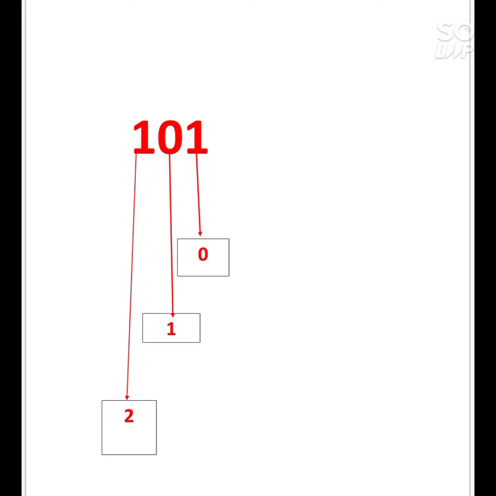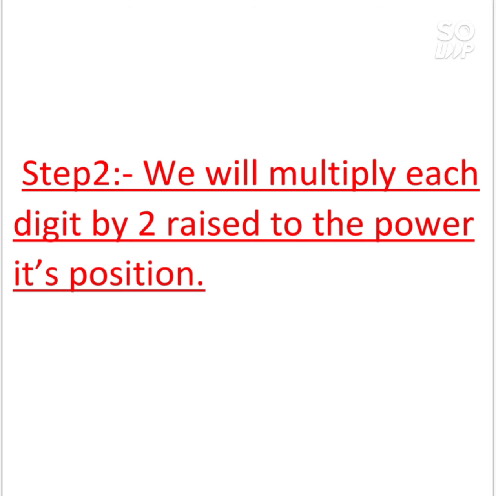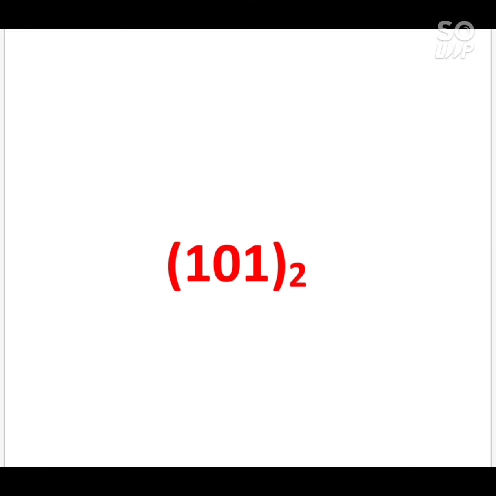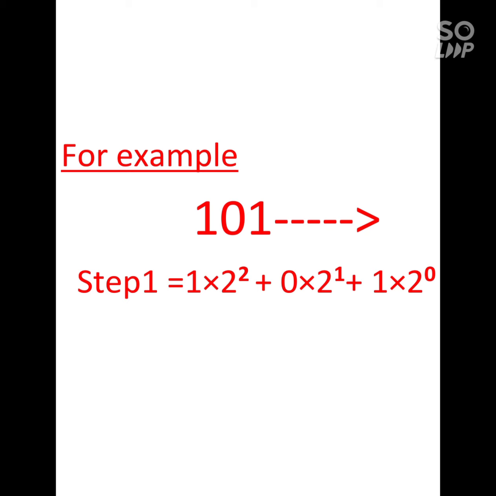Now we will move to the second step. In the second step, we will multiply each digit by 2, and 2 will be raised to the power of its position. For 101, you multiply 1 with 2, 0 with 2, and 1 with 2.